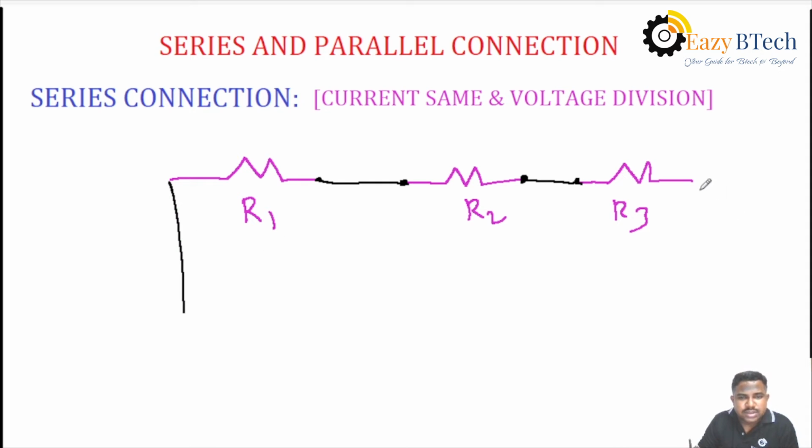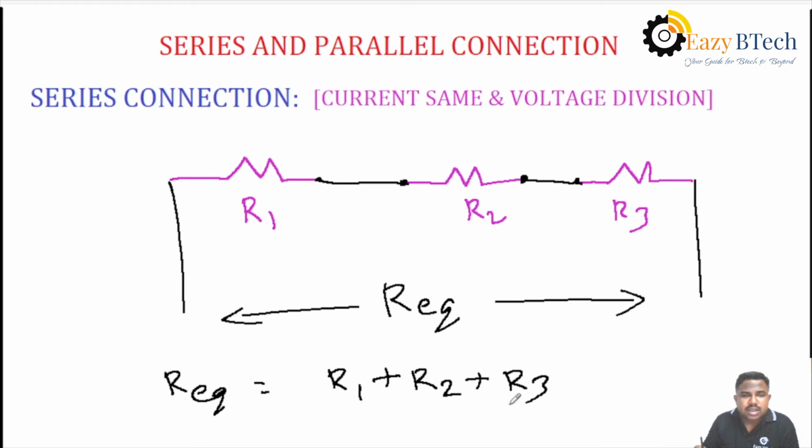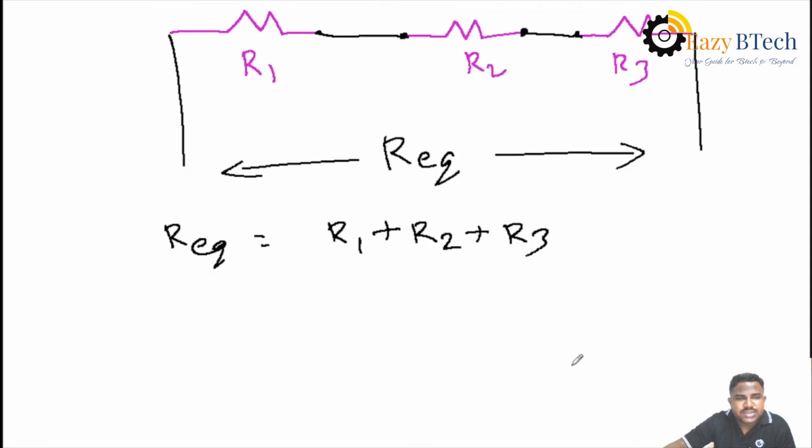Then, across these nodes, you find the equivalent resistance. The formula for equivalent resistance in a series circuit is the sum of all resistance values, that is R1 plus R2 plus R3. Suppose we have R4, R5 and so on, then we add all resistance values to get the equivalent resistance in series connection.